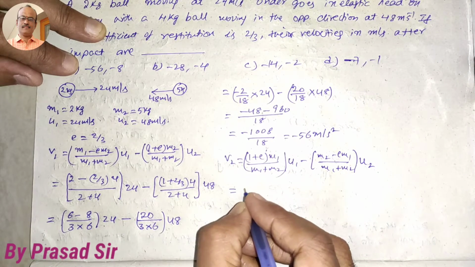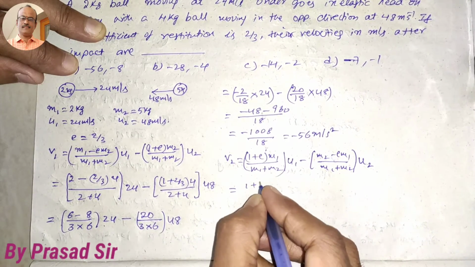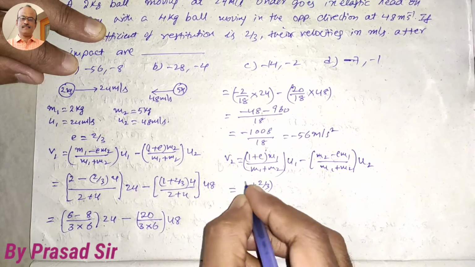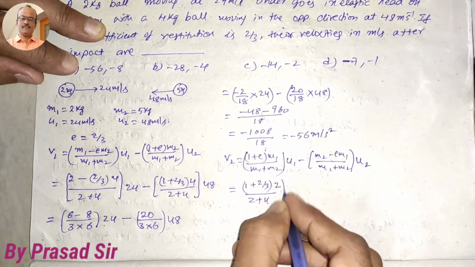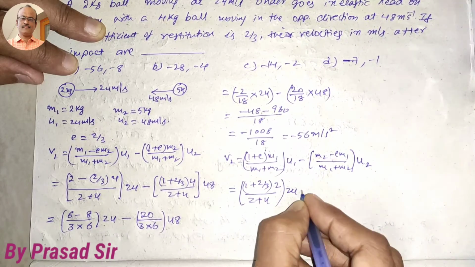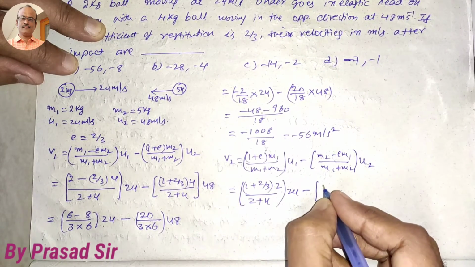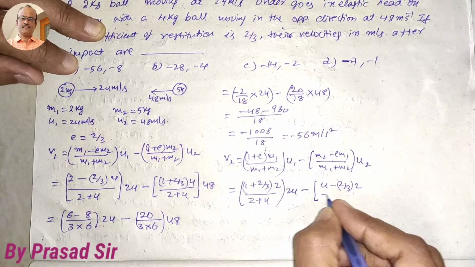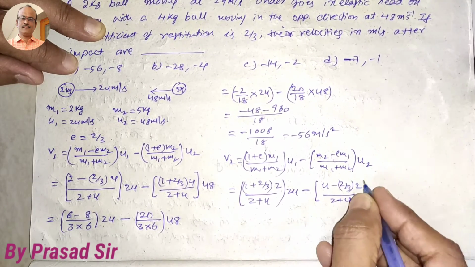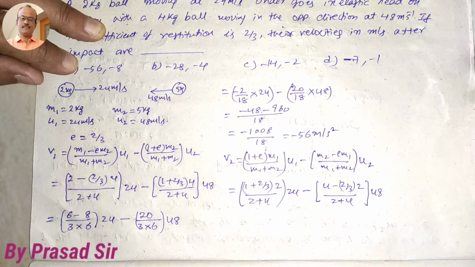Now substituting: 1 plus 2 by 3 into m1 is 2 divided by 2 plus 4 into 24, minus m2 4 minus 2 by 3 into 2 divided by 2 plus 4 times 48.